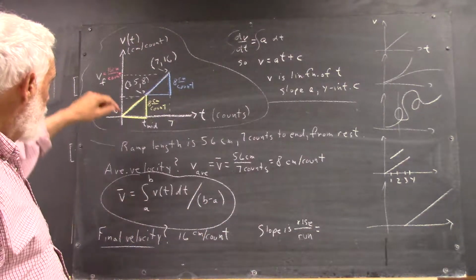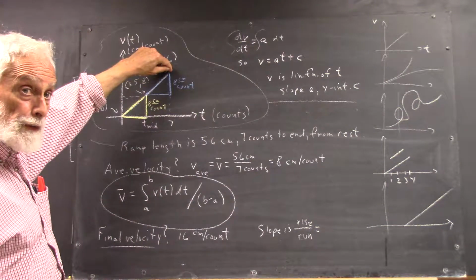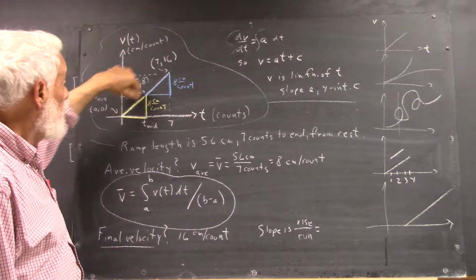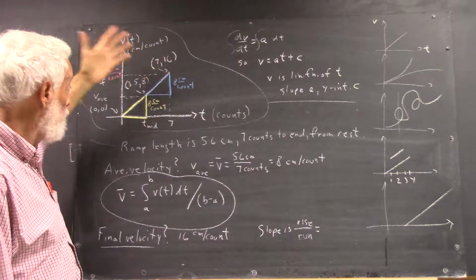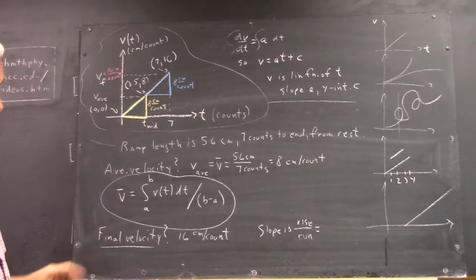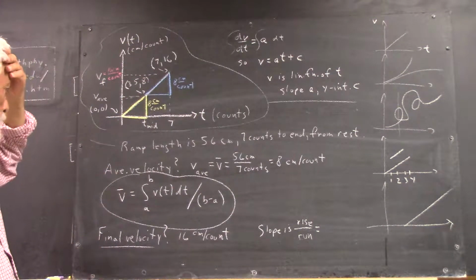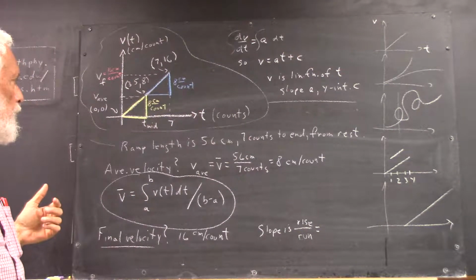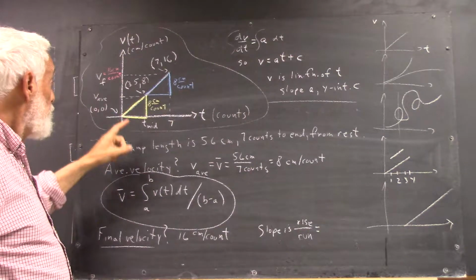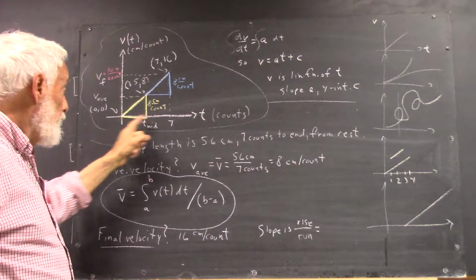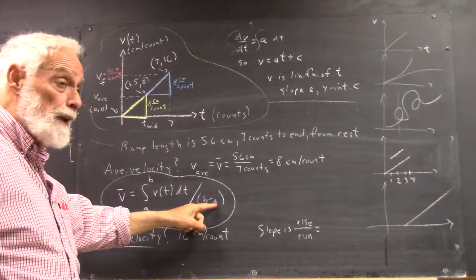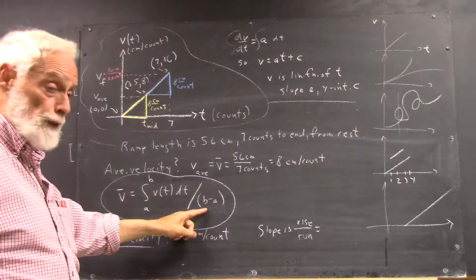In this case, the average velocity for this velocity function would be the integral of the velocity function, the v of t function, whose graph is a straight line with the slope of this line. And we haven't talked about the slope yet, but that's pretty straightforward. If you integrate that function from t equals 0 to t equals 7 counts, then b minus a is 7 counts minus 0 counts, or 7 counts.